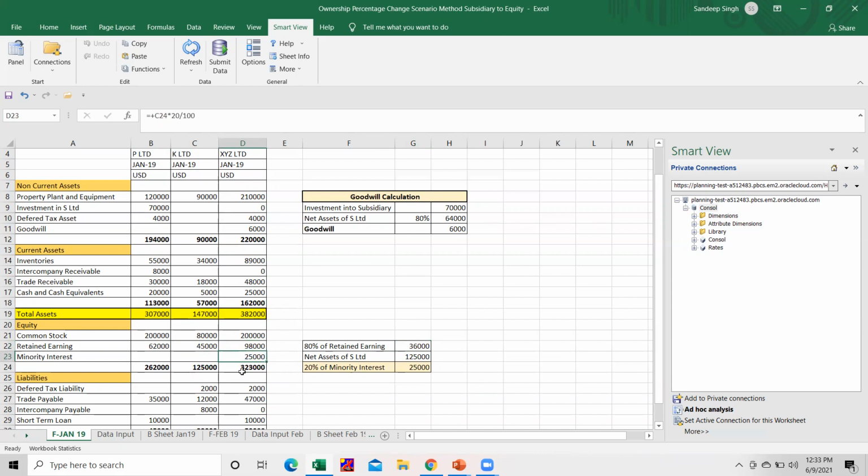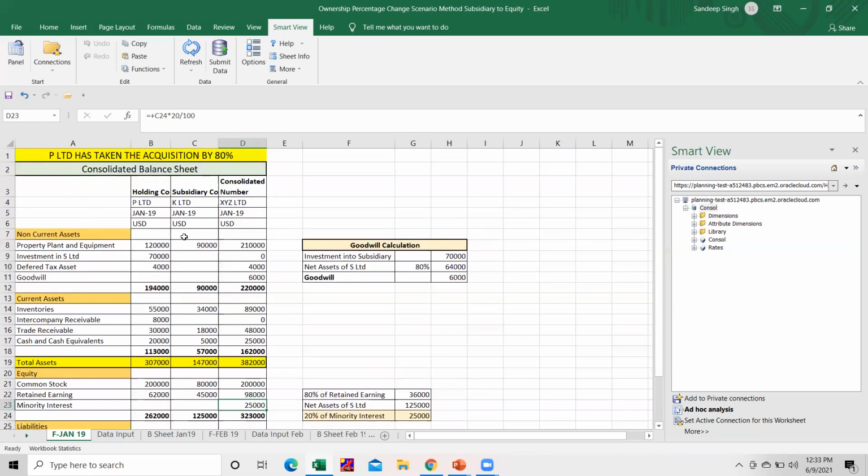The minority number is 20% of the net asset of the subsidiary. This time the net asset will be the combination of the common stock plus retained earning. If I calculate 20% of the net assets of S Limited, this amount will come to 25,000. So this is how the balance sheet is prepared under the subsidiary method of consolidation.